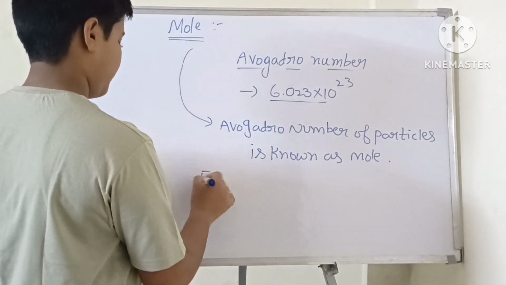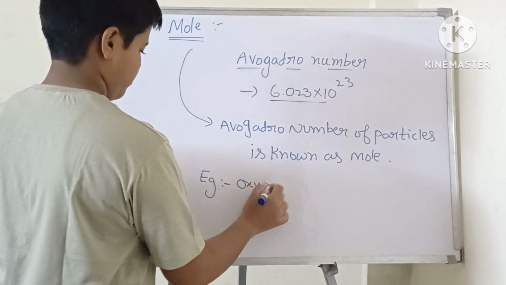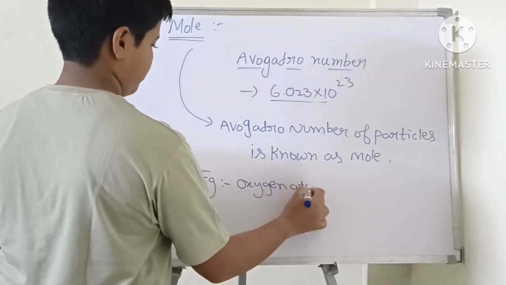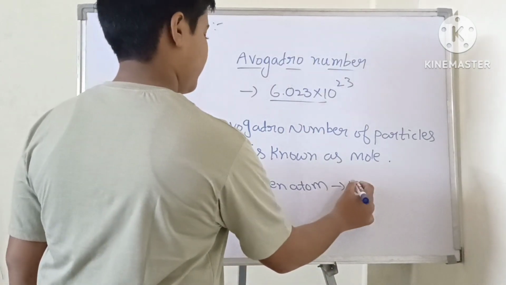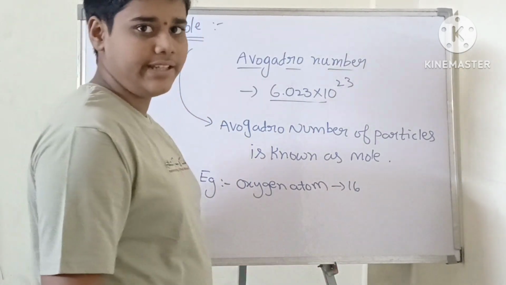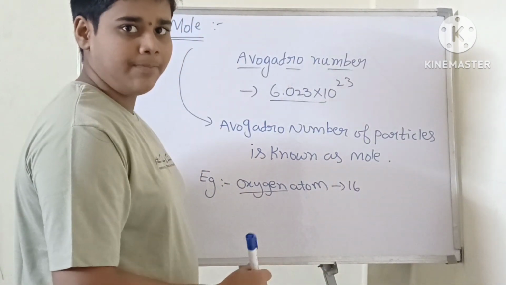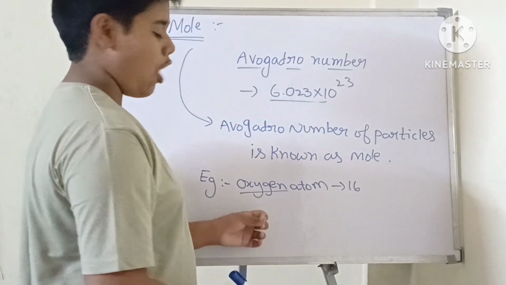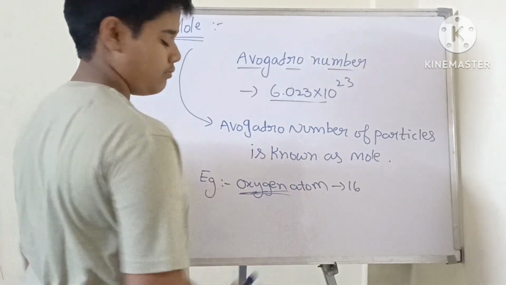For example, I am taking an oxygen atom. The atomic weight of oxygen is 16. Here I gave one oxygen molecule. I am asking to find how many oxygen atoms are in this oxygen.